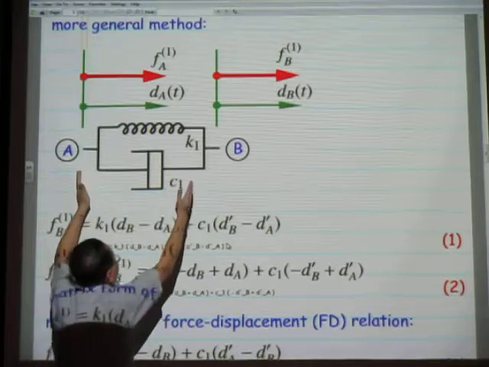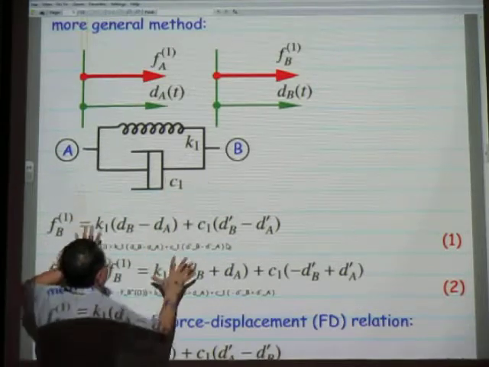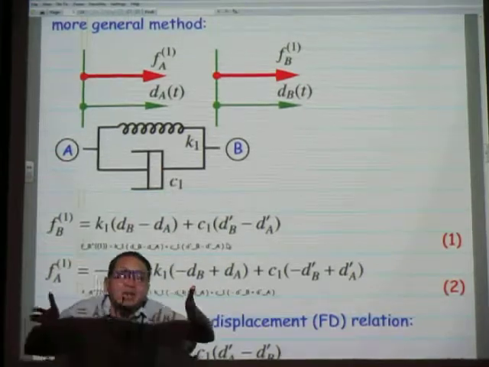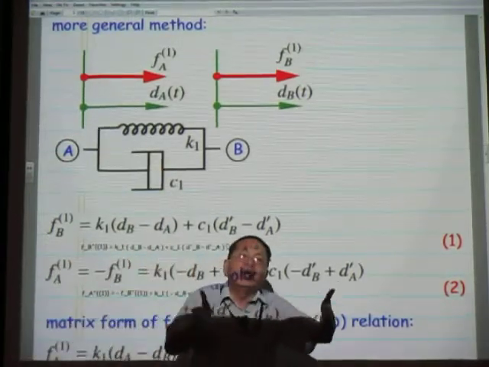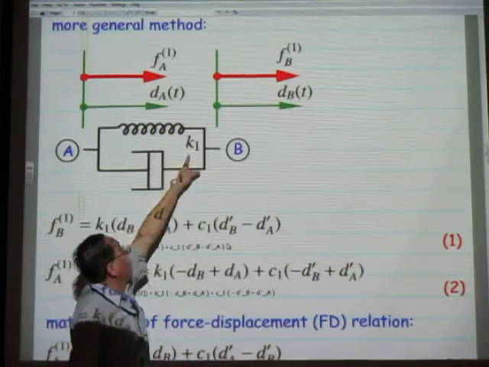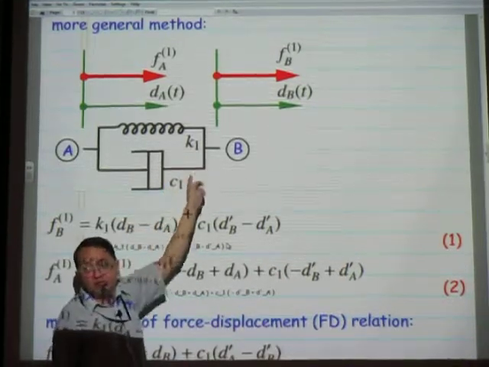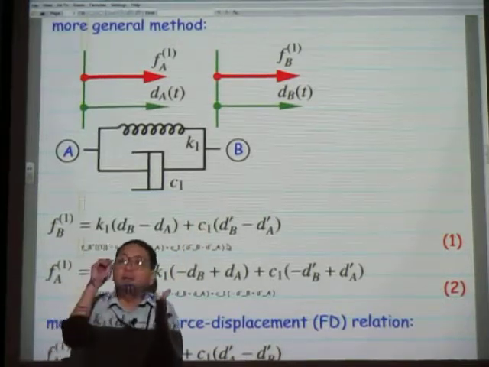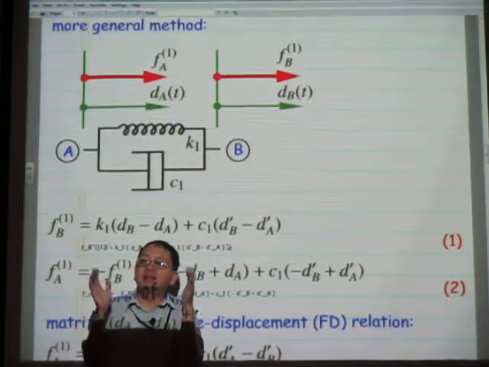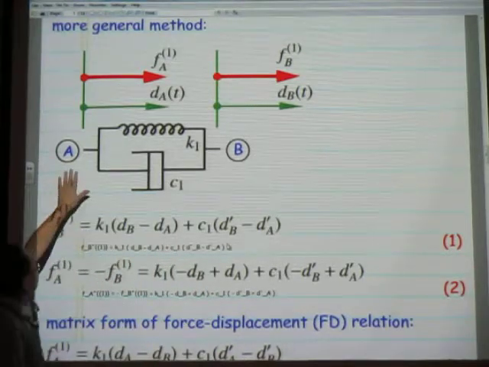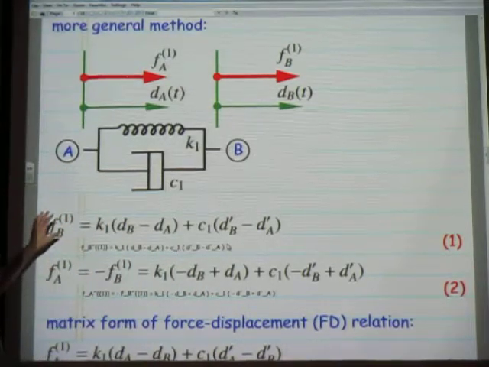And once you derive the stiffness matrix for this element, the same thing applies to element 2 and element 3. The only difference would be the different spring coefficients and damping coefficients. So the thought process or the principle remains exactly the same. That's why it's good to do this alternative level here.